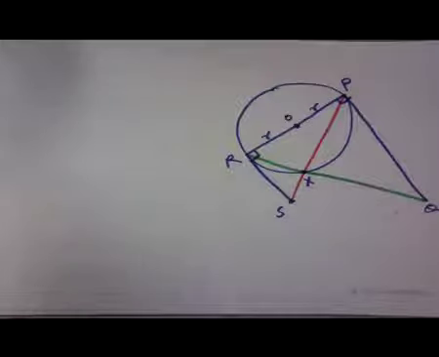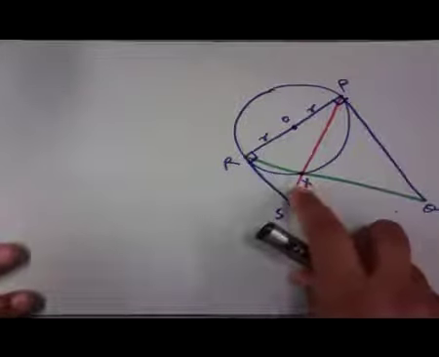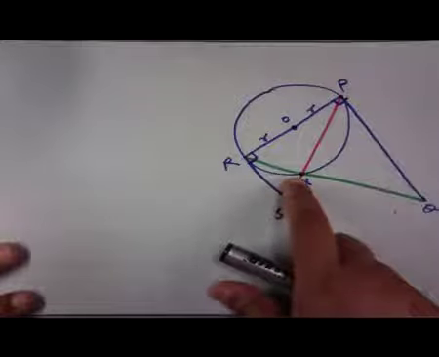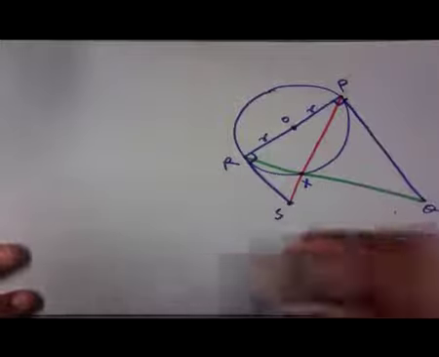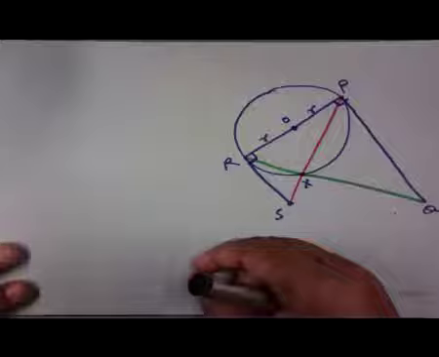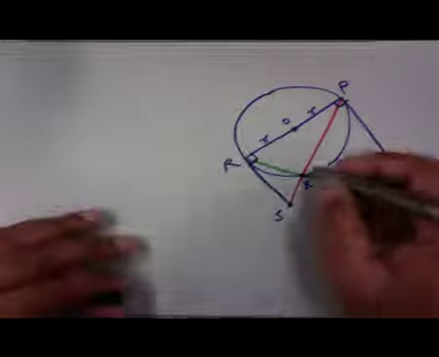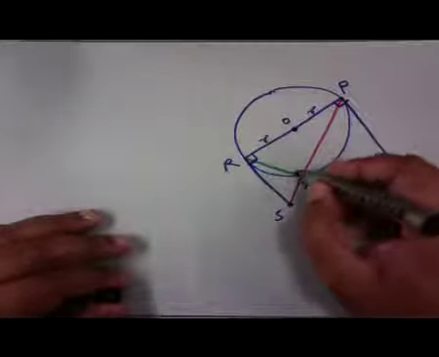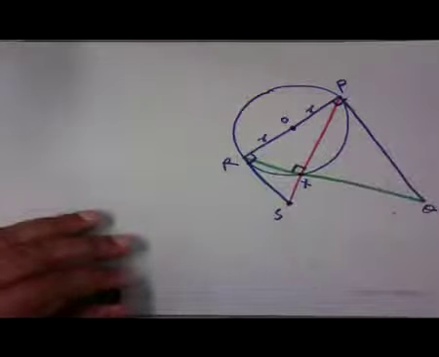To solve this problem, we realize that the most important fact is that these two lines intersect on a point on the circumference of the circle. Because they intersect on the circumference, from high school we know that this angle will be equal to 90 degrees.